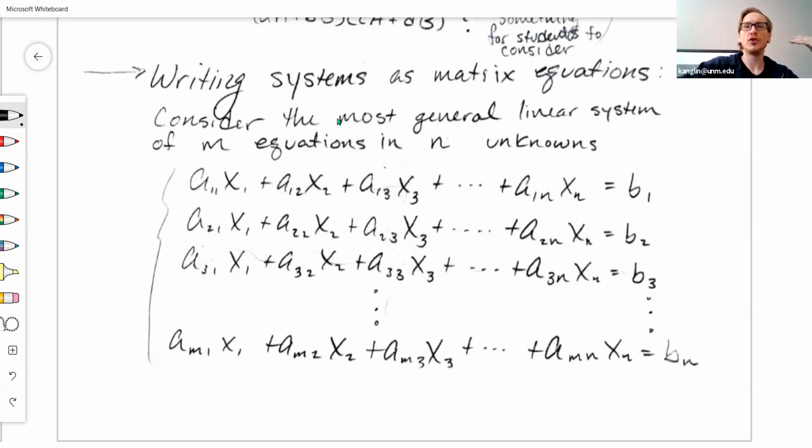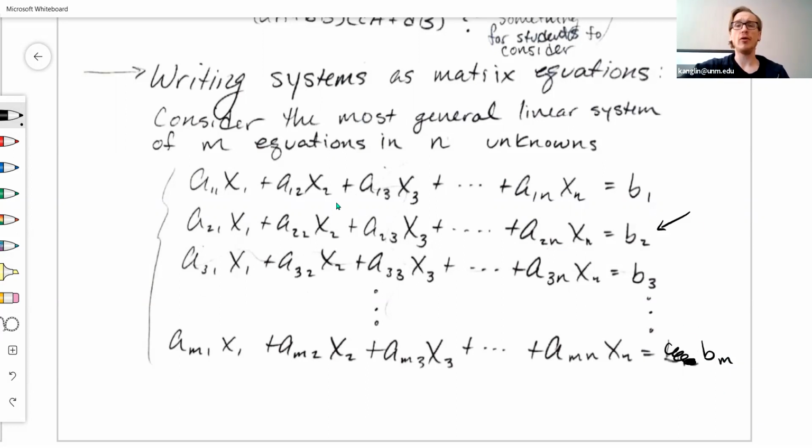So we have 1, 2, 3, all the way out to n of those variables. Ooh, and I mislabeled this. This shouldn't be Bn, this should be Bm, because remember the subscripts on the B values tell you which row, which equation number you're in. We have M of those. So that should be the last one, has B subscript M.